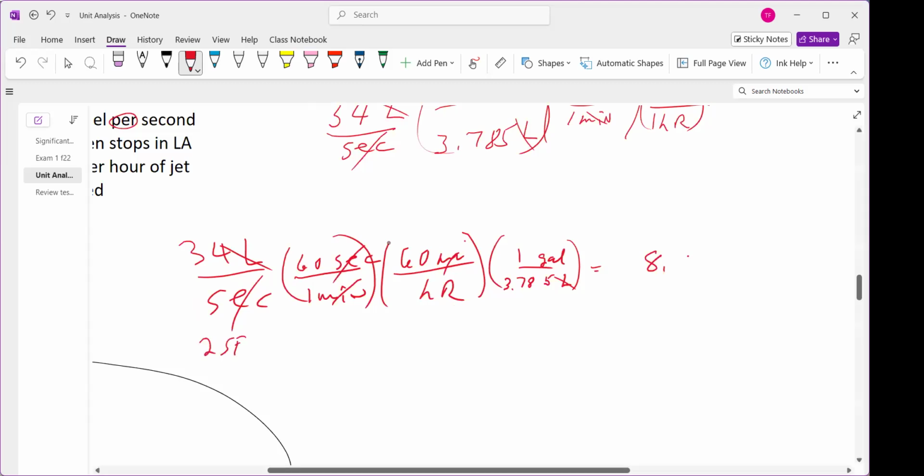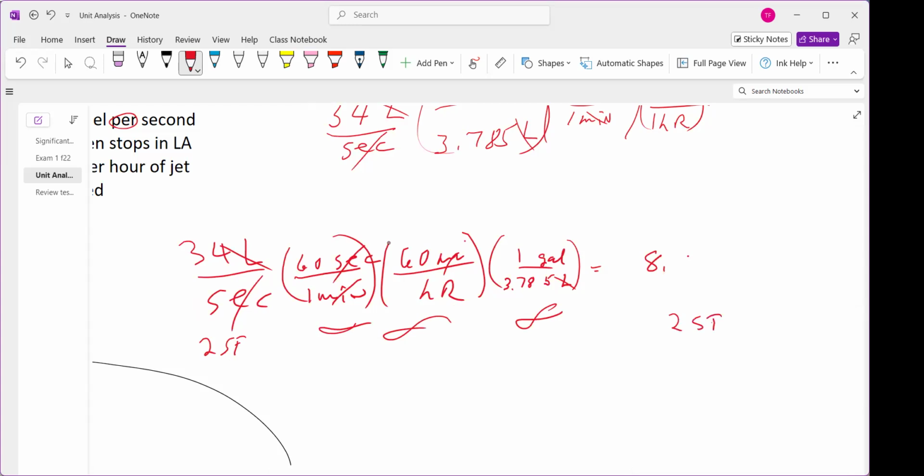We have 2 sig figs. Infinite, infinite, infinite. So we're looking at 2 sig figs in the answer. This is what my calculator gave me.